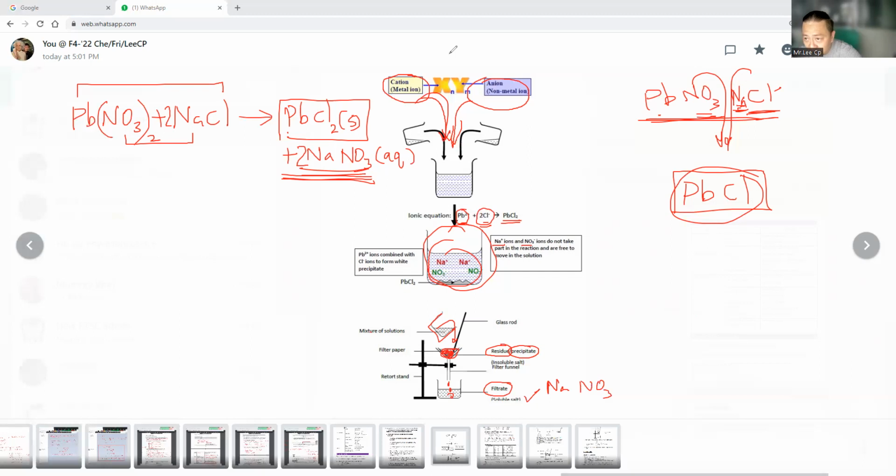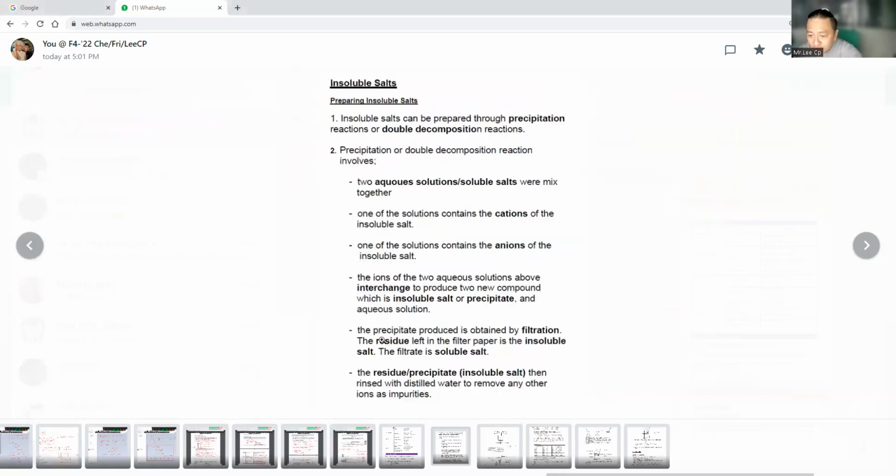In other words, the precipitate is obtained by filtration. The residue left in the filter paper is insoluble salt. The filtrate is the soluble one. Do you understand it?